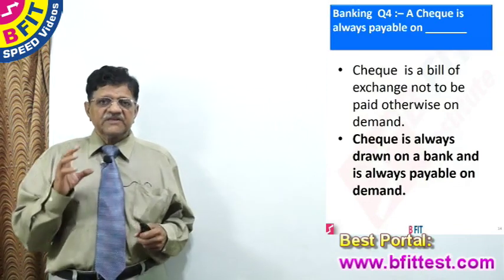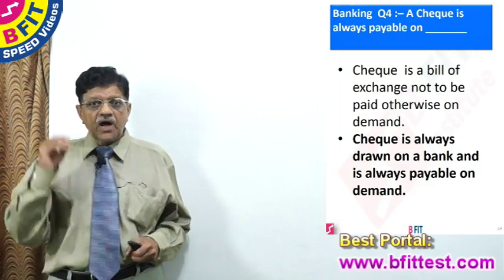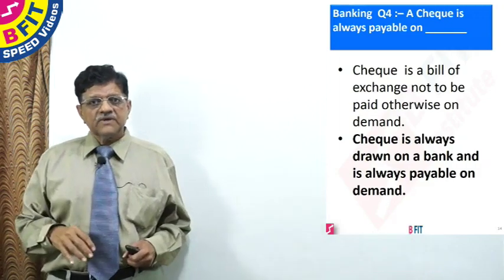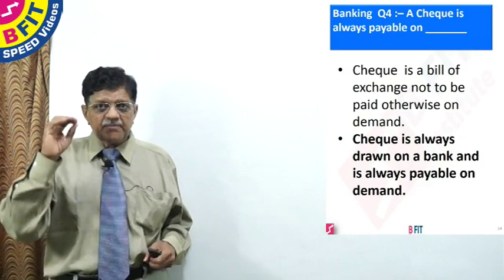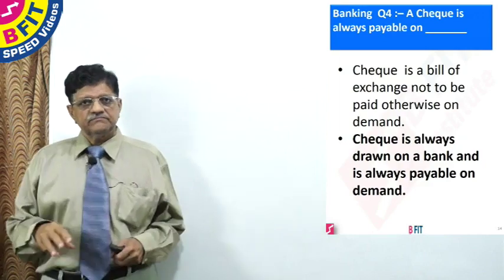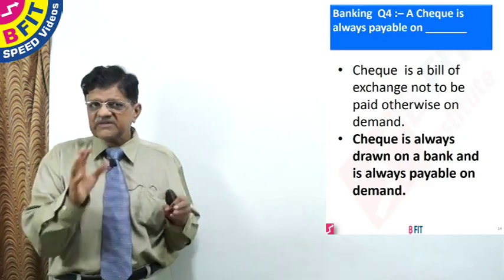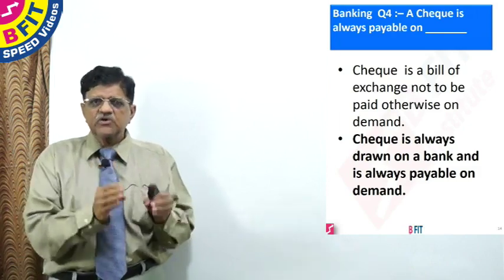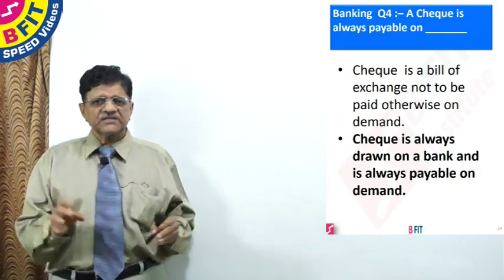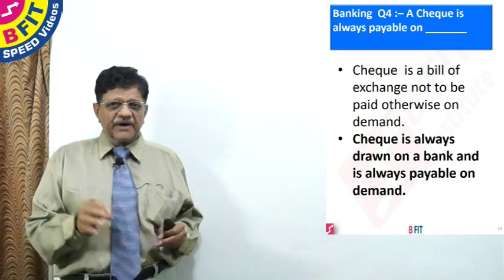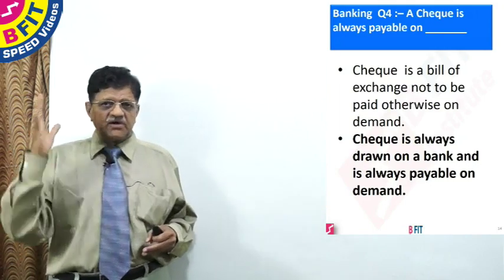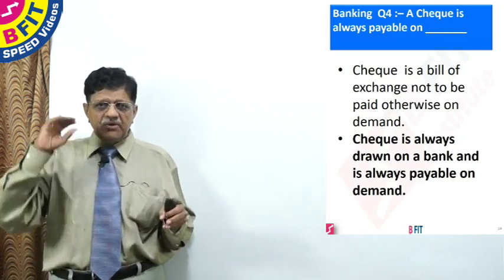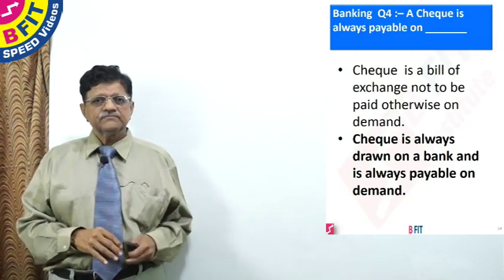A check is a bill of exchange drawn on a specified banker and is always expressed payable on demand. It is a bill of exchange. What is a bill of exchange? We will not go into it. It is an instrument, negotiable instrument. And suffice for us to understand now, a check is a negotiable instrument. And as per the very definition of check, it is payable always on demand.